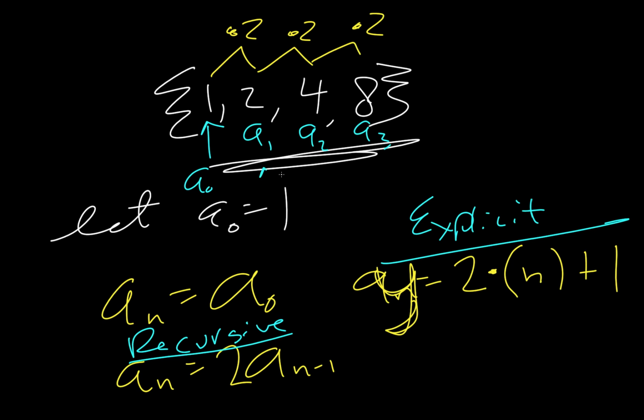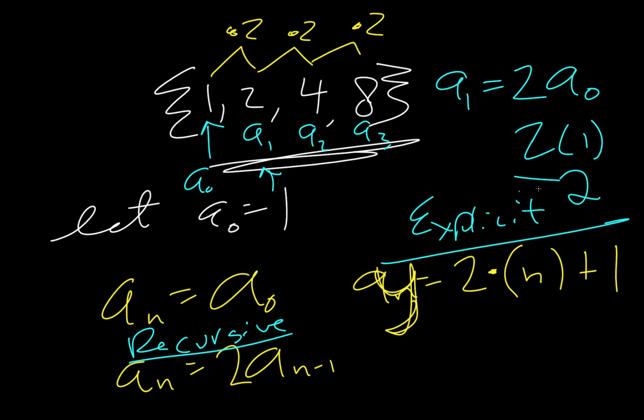So if I want to know a sub 1, I'm going to say a sub 1 equals 2 times the previous term, so a sub 0. So 2 times 1 equals 2, and so a sub 1 must equal 2, and that's what we see right there.